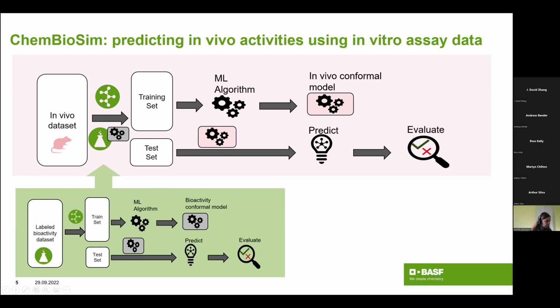So all the in vivo data was predicted with our models for the bioactivity descriptors. Then we joined them onto structural descriptors, so here fingerprints and RDKit descriptors. And then again, we split into training and test set, trained our machine learning models for the in vivo endpoint, and then evaluated the data.